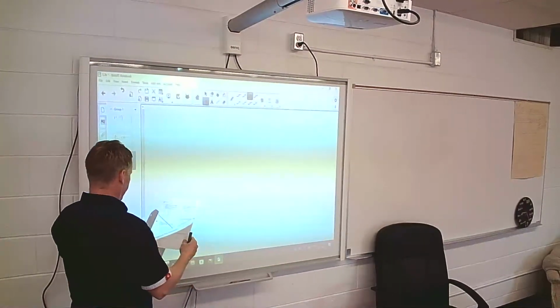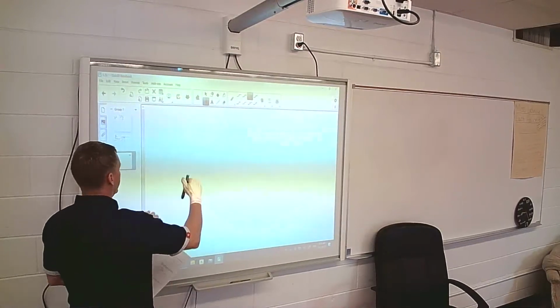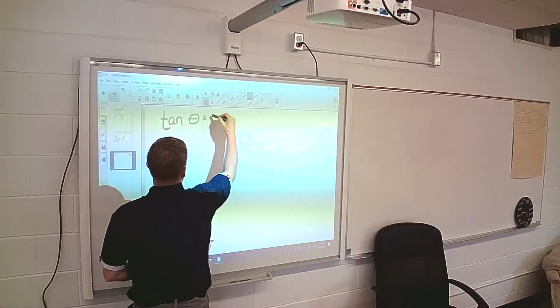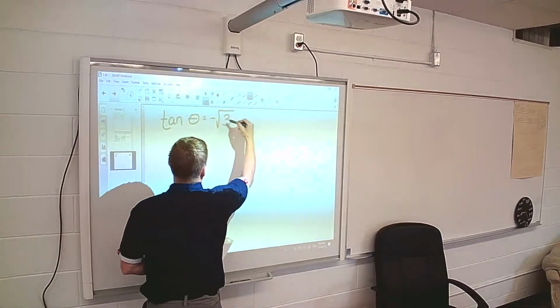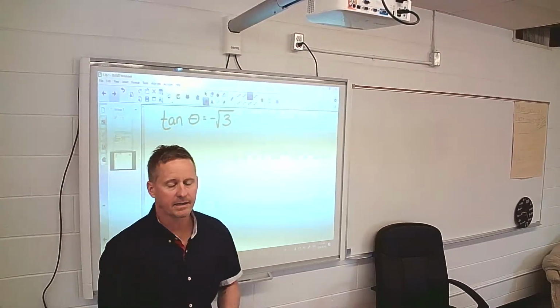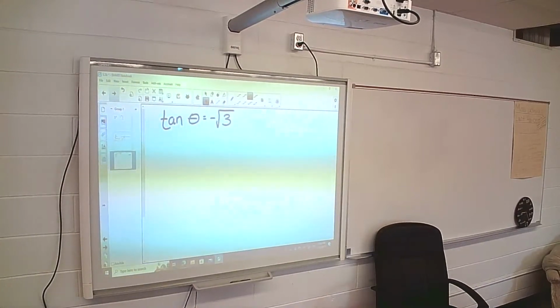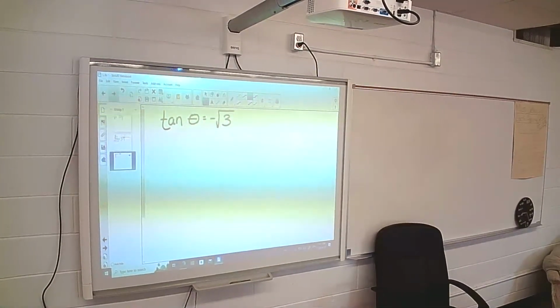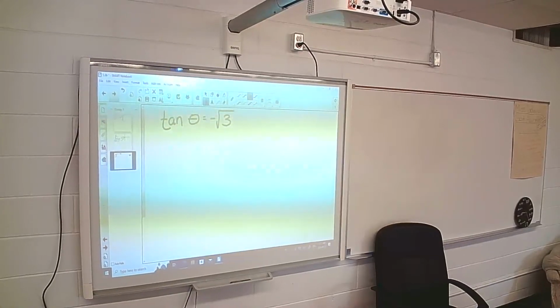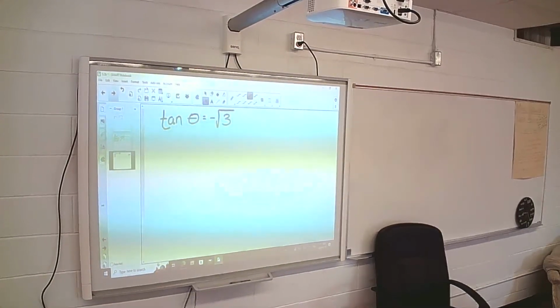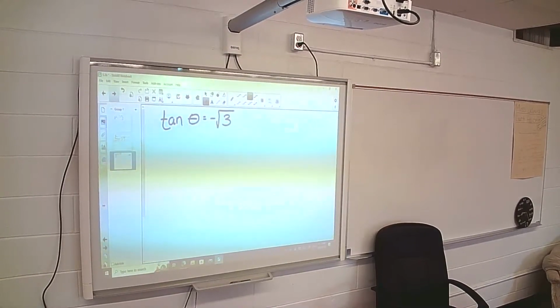All right. Given the tan of theta is negative root 3. First of all, ask yourself, what quadrant is tan negative in? 2 and 4. Well, it tells you the domain is 90 less than theta less than 180. What quadrant are we talking about?